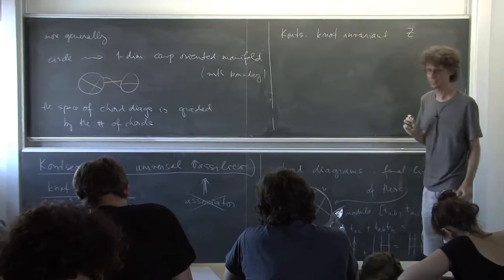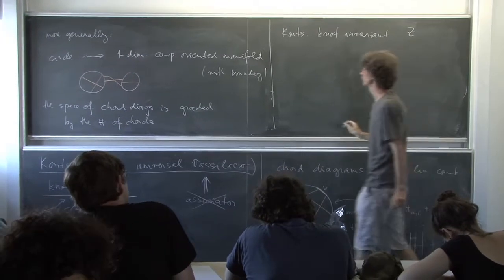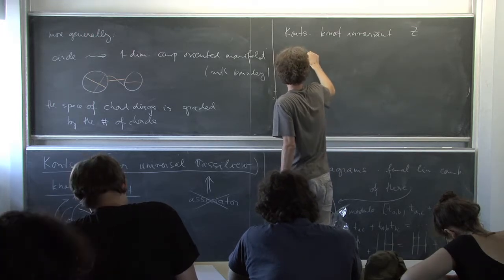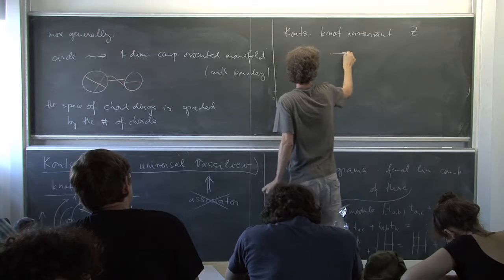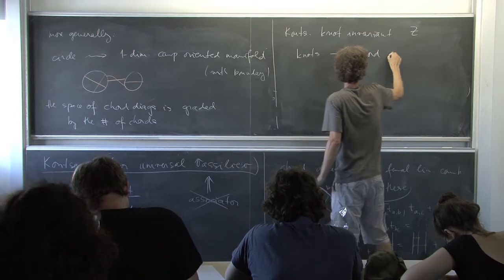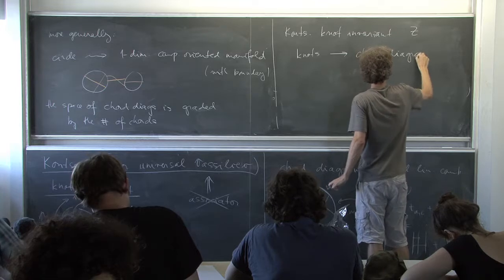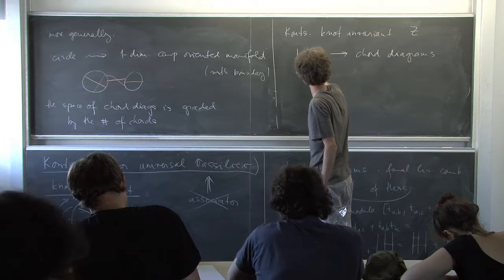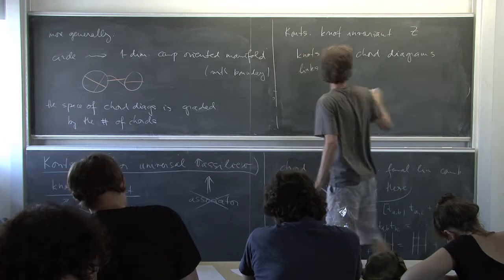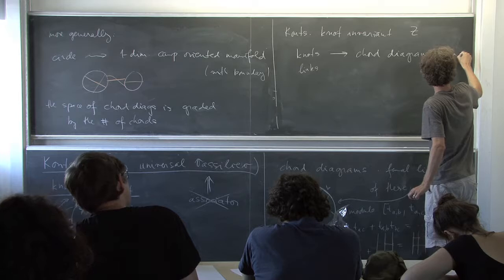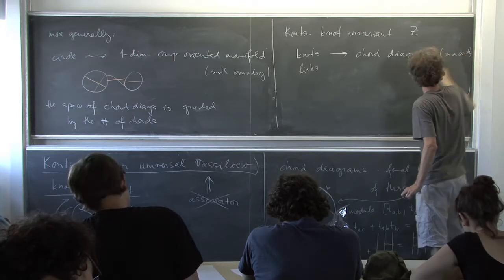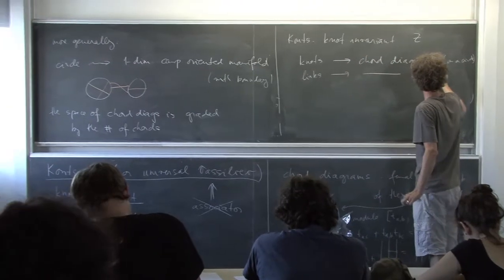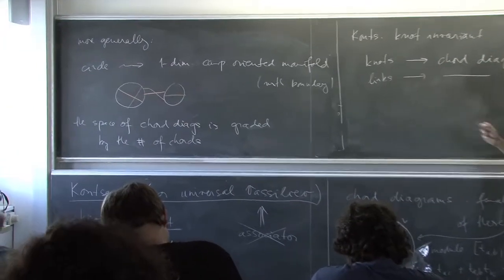It's usually denoted Z, and what it does, you take a knot, it goes from knots to chord diagrams, or more generally, if you have several things linked, from links it would go to chord diagrams on as many circles as there are in the link.